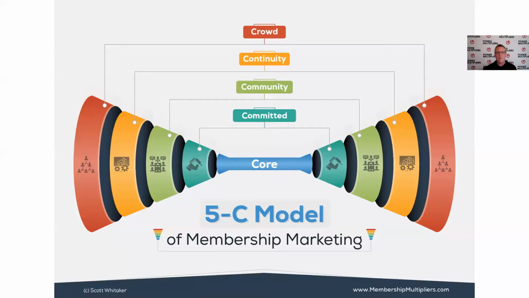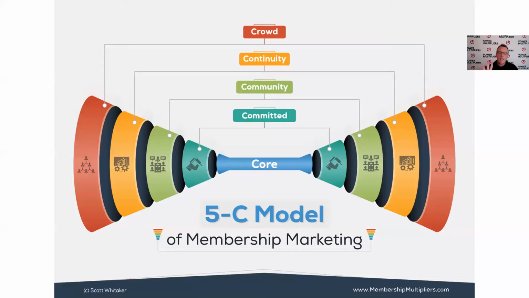It's a constant reminder of all of the marketing we must be doing to get members and keep them. And not just keep them, but serve your members better by moving them out of your continuity into community, increasing their commitment, and getting them into the core of your membership where they can thrive and get the greatest benefit of all that you provide.